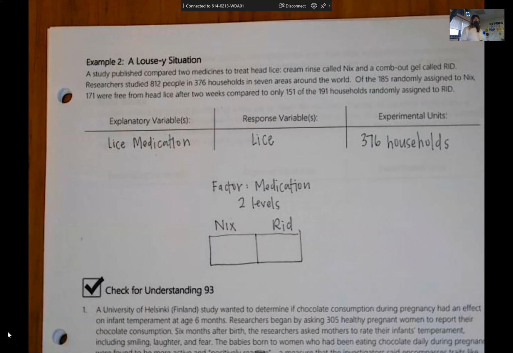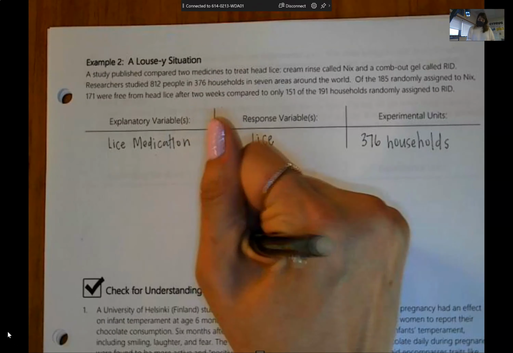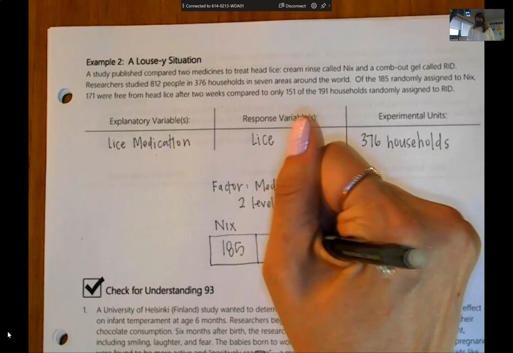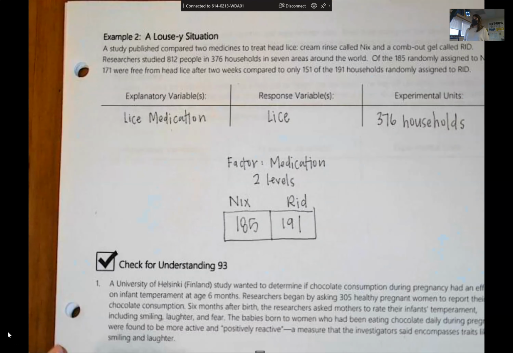This one has one small tweak because we didn't split our 376 households in half. For some reason, they were slightly different. So 185 were assigned Nix and 191 were assigned RID.